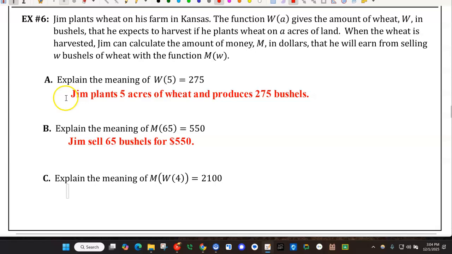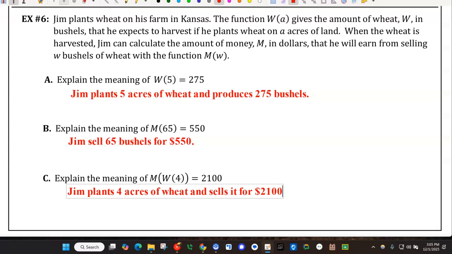So just take the first part of part A. Jim plants, this time it's 4 acres of wheat and sells it for $2,100.